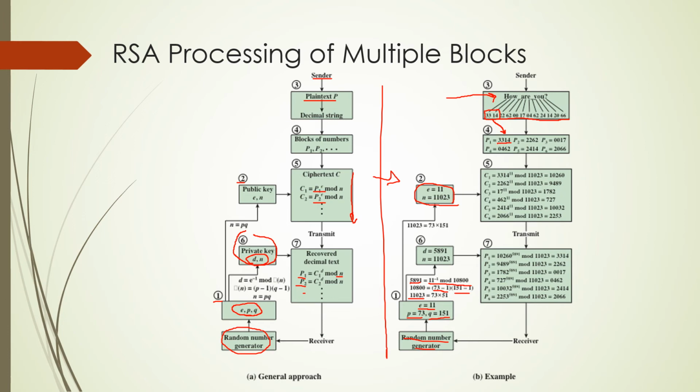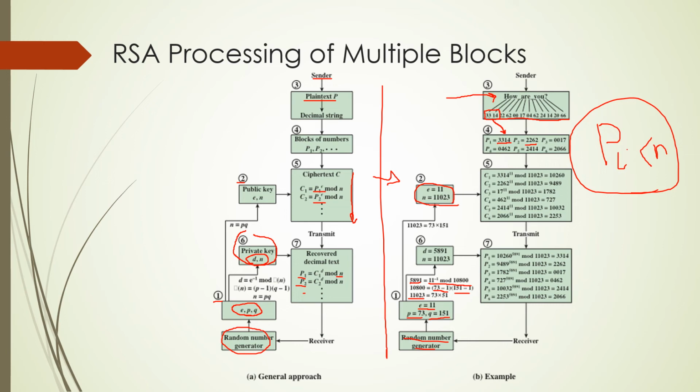The next one is 2264. Now, all of these plain text blocks are going to be 4-digit integers, and that's a good size because our n is 5 digits long. So of course, every Pi is going to be less than n. That's crucial in order to have RSA working.